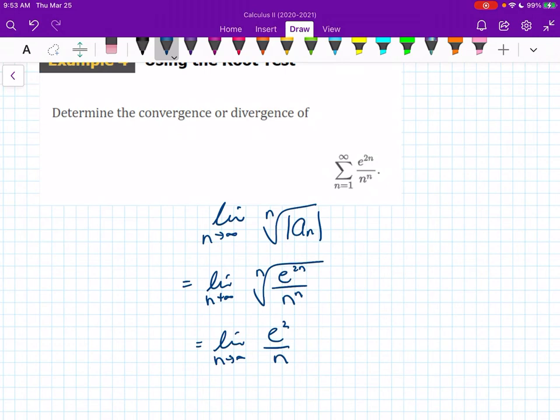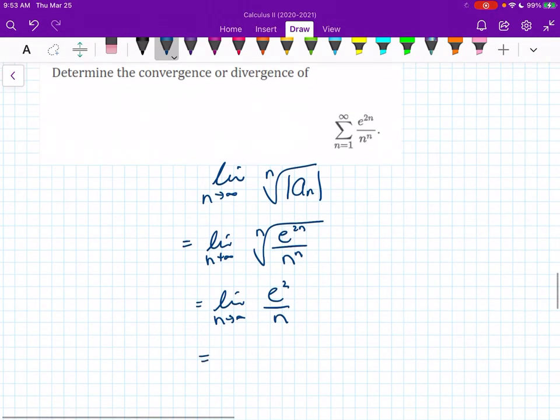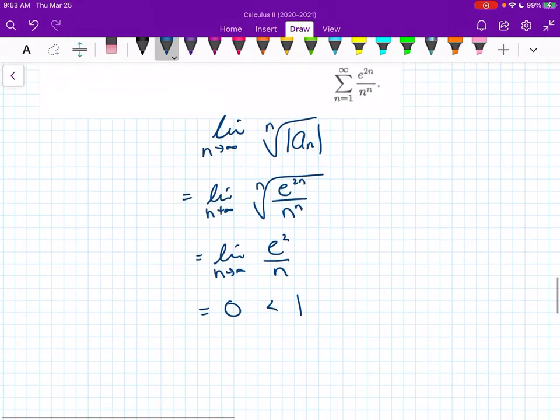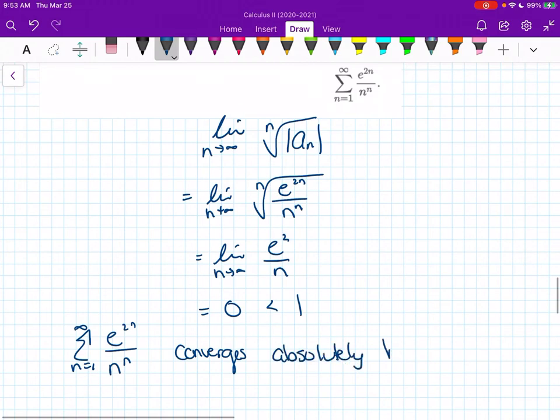So my numerator there is just a constant. And so that's going to be 0, which is less than 1. So I can say that my series converges absolutely by the root test.